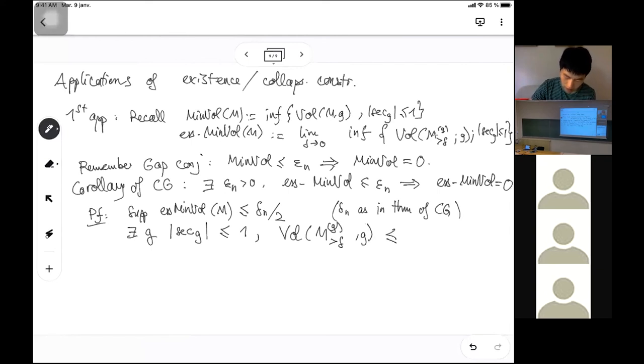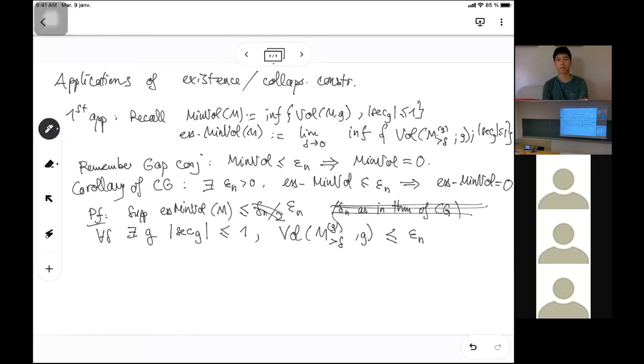is less than, let me use epsilon for now. I don't know if this is the right constant. If the essential minimal volume is less than epsilon, then there is a metric with bounded sectional curvature such that for any delta, the delta thick part has volume less than epsilon.